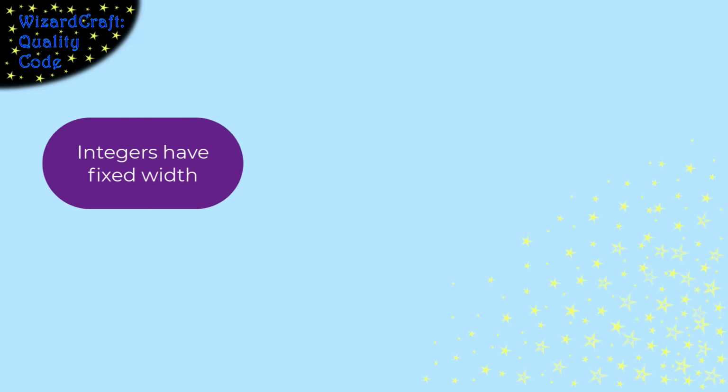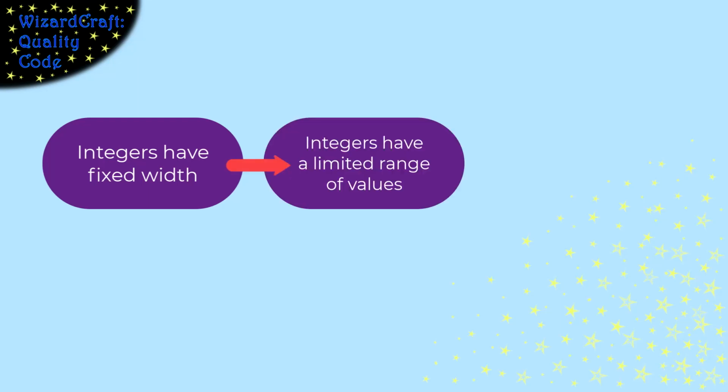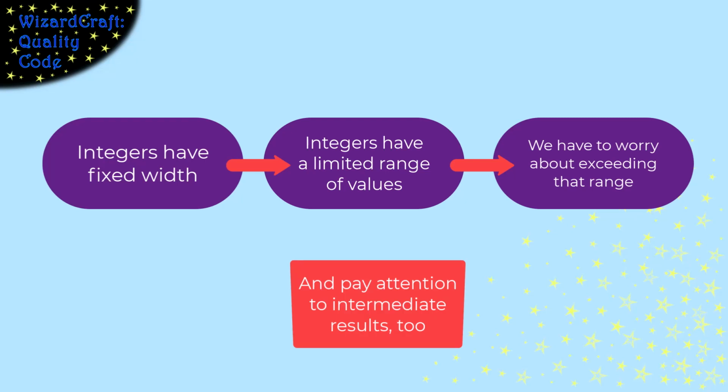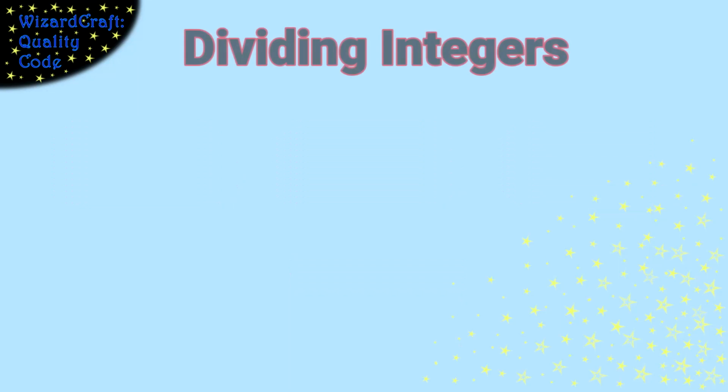So, because they have fixed width when we store them, the first thing we have to worry about with integers is what happens when our calculations result in something bigger than the fixed width can store, and the problem could be with an intermediate result, not just with the final result. The other thing we have to worry about with integers is how the machine divides them.